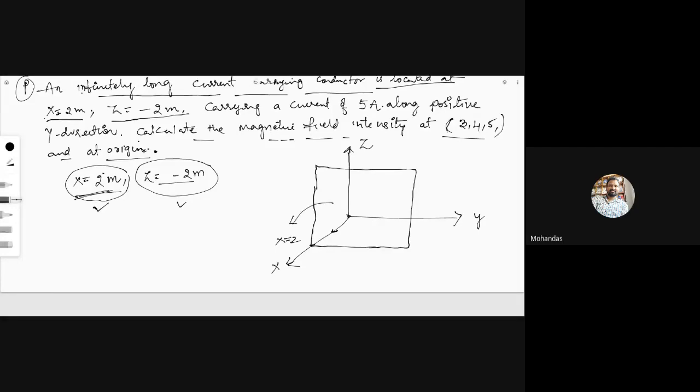Similarly, we have to draw z equal to -2. Z equal to -2 means it will be in which axis? Negative z axis. So this is z equal to -1, this is z equal to -2. Let me draw.